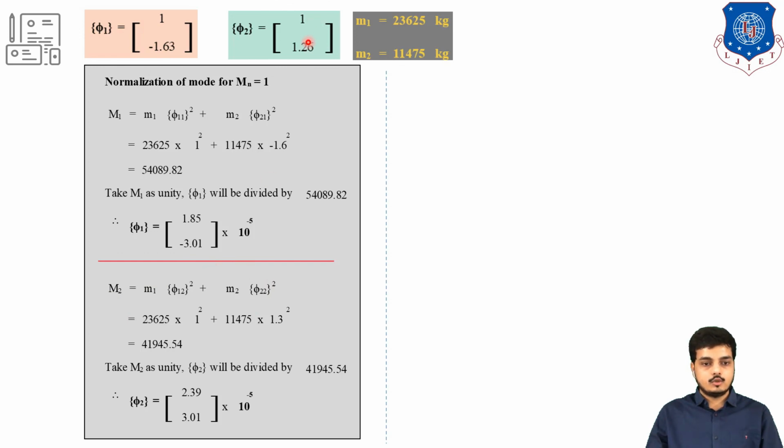Now here we use these two values, so 1 squared and here it is rounded off to 1.3. So I get 41,945.54. This is my value. Now take M2 as unity and we get the phi 2 value. The final phi 2 value is 2.39 into 10 raised to minus 5 and 3.01 into 10 raised to minus 5. So these are my normalized mode shapes.